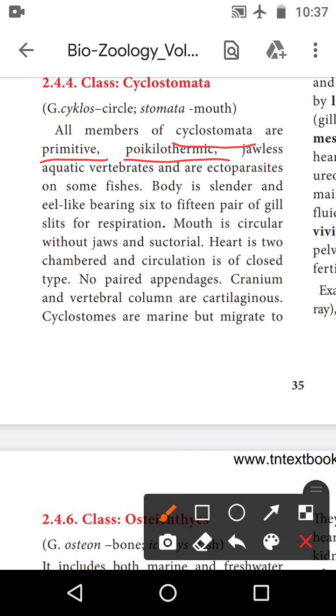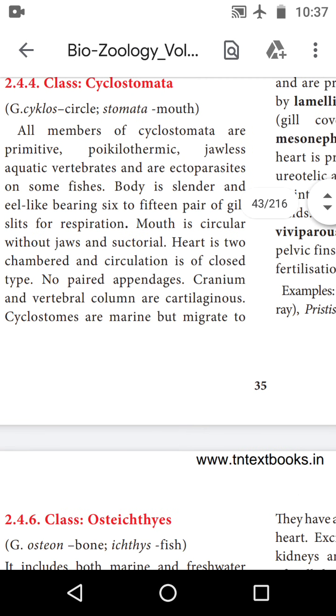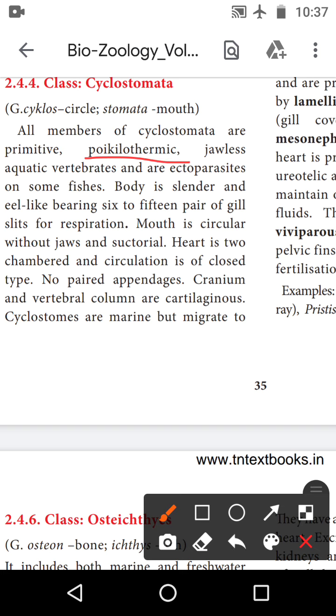So what is meant by homeothermic? The human body temperature is homeothermic. What is the reason? Because the body temperature is constant. Yes, so some of the animals live fully in water, so their body temperature varies. So this animal's temperature is poikilothermic.